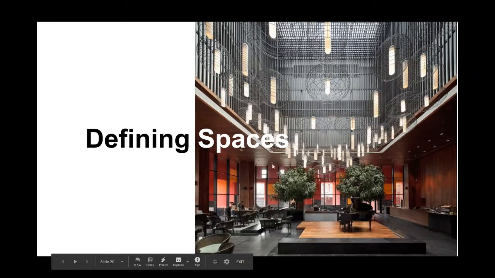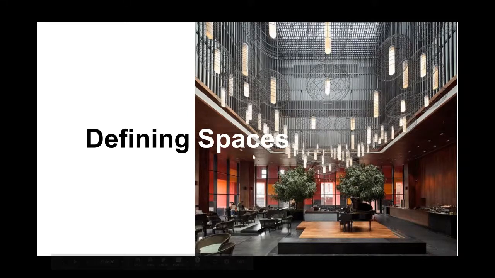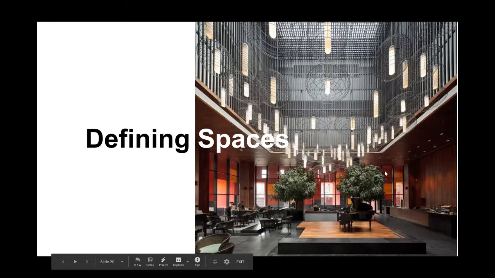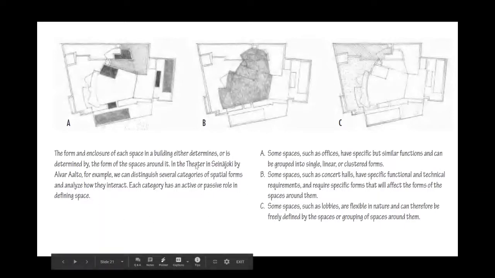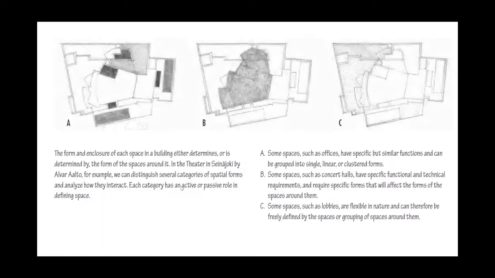interior space. So with this one, you have this negative space. This is positive space, and then you have this open negative space in which your treatment is addressed. Okay, so form and closure of the space in a building is determined by the form of the space around it.